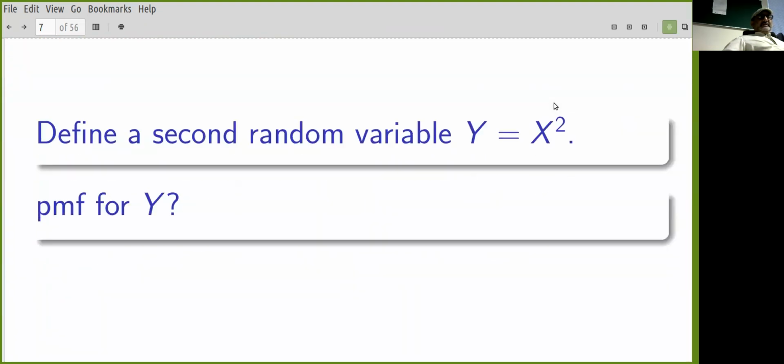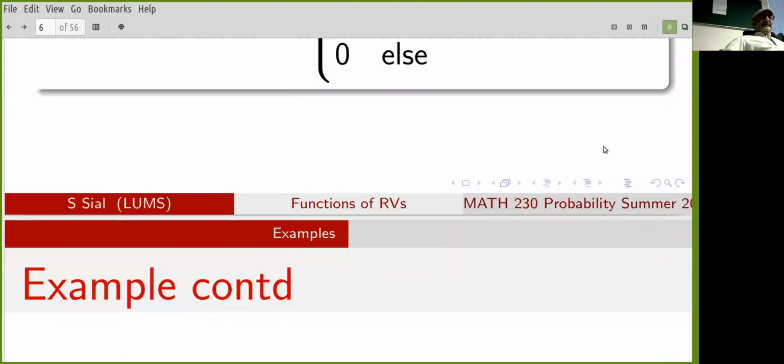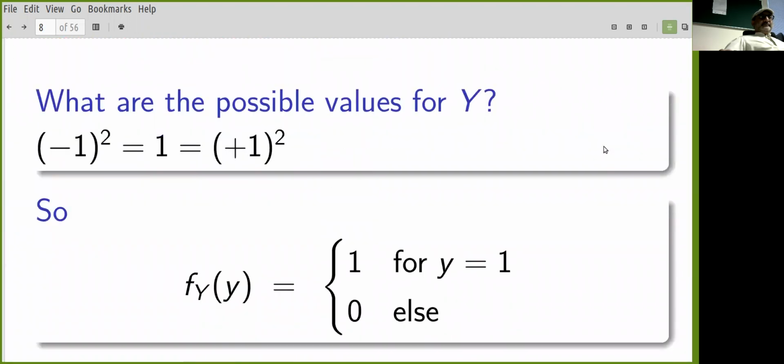Okay, let's define a second random variable, y equals x squared. What's the PMF for y? Well, x can take values +1 or -1, then x squared takes value +1. So f sub y of y takes the value 1 for y equal to 1, and takes the value 0 for anything else.